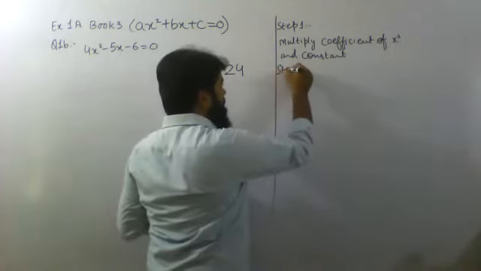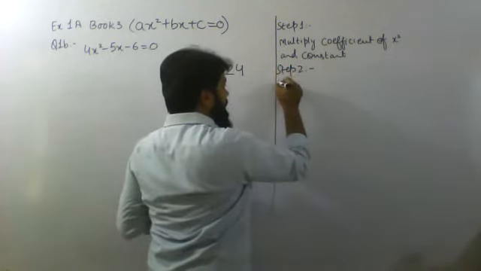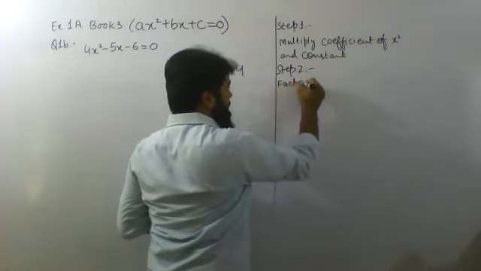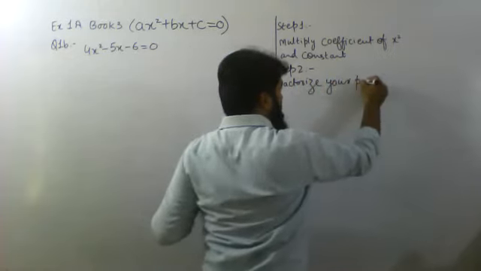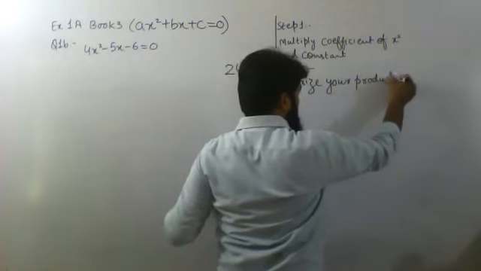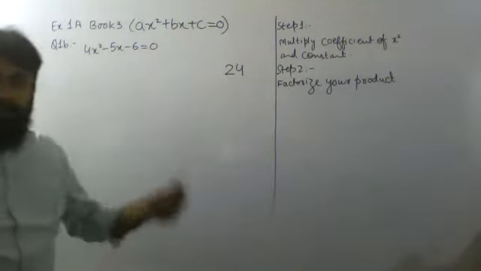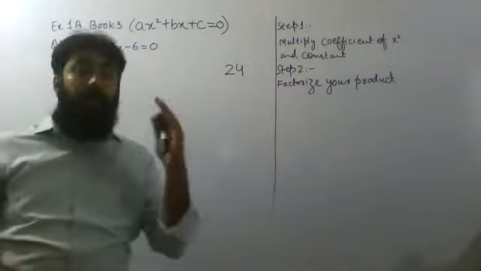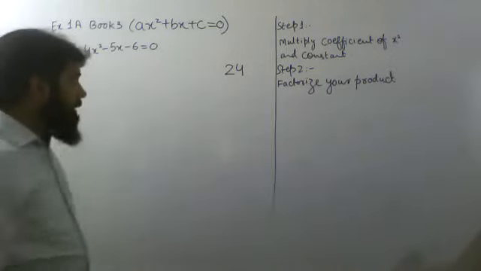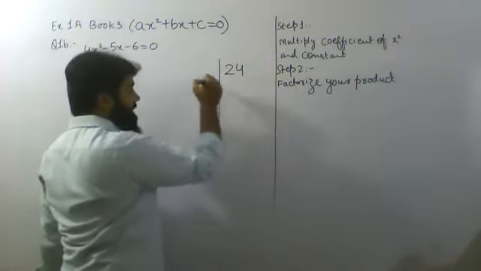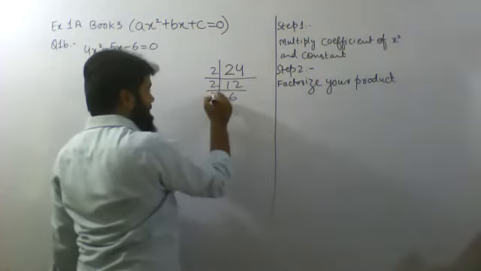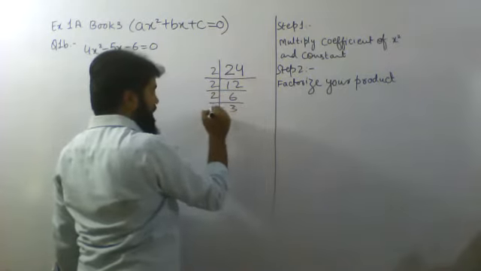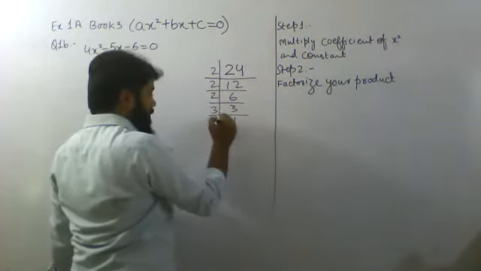Step number 2. Factorize your product. Whatever your product is coming, factorize your product. Okay. So I'm factorizing them. 2 12s, 2 6s, 2 3s, 3 1.